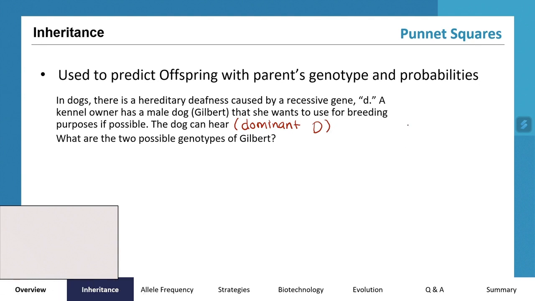Since the dog can hear, this dog will either have capital D, little d as a genotype or capital D capital D as a genotype. What are the two possible genotypes of Gilbert? These two. So anytime they have the dominant trait, they can either be homozygous or heterozygous dominant.